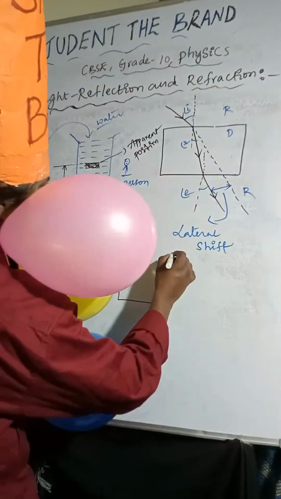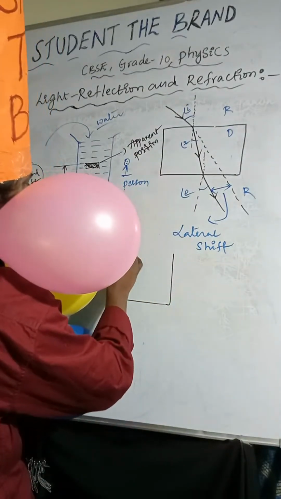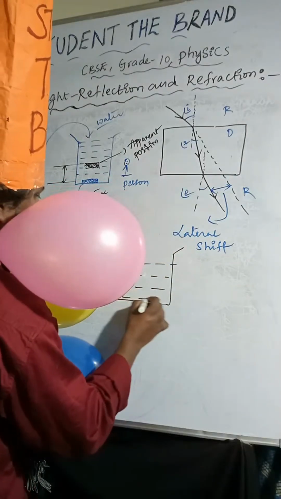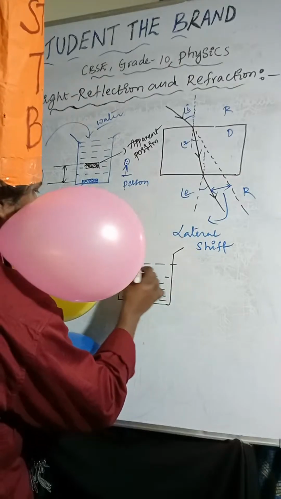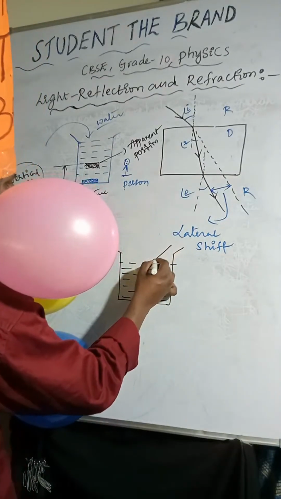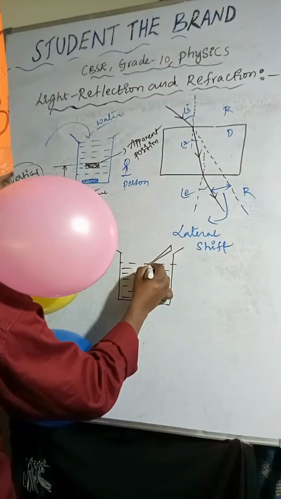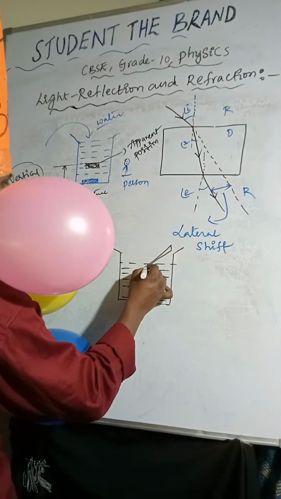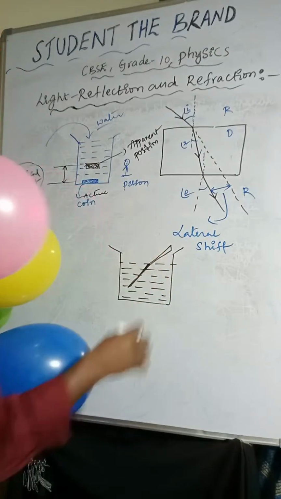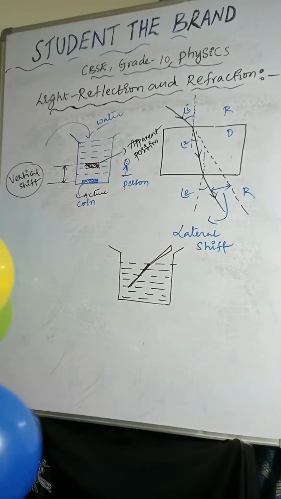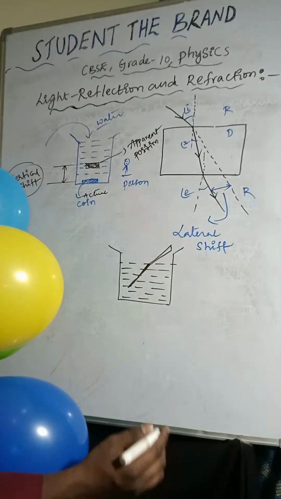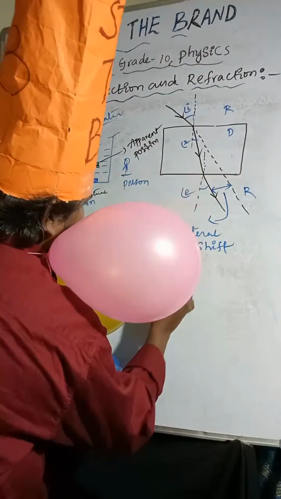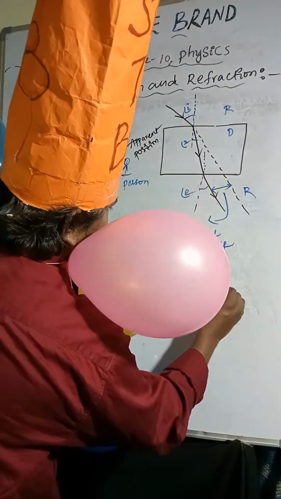Now I am placing one more: a pencil. If I place the pencil like this, it appears to be bent. This is the air and this one is the water.